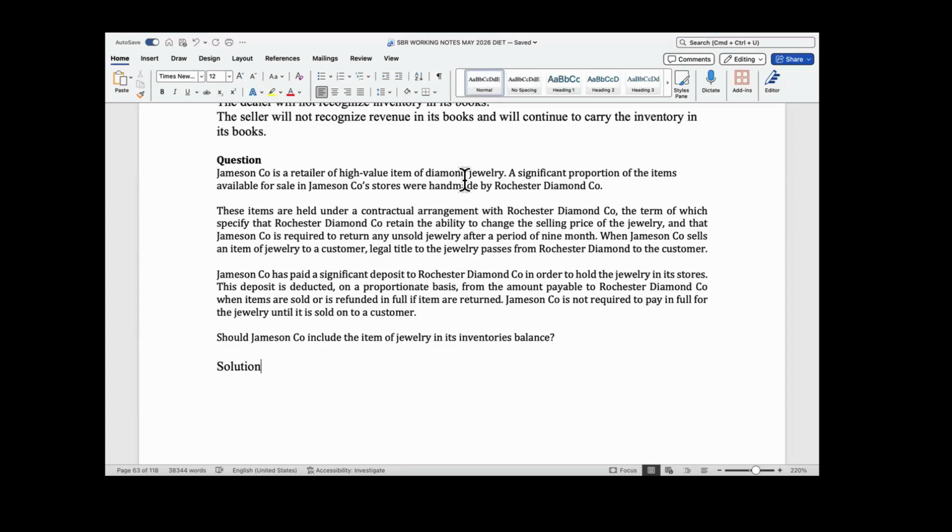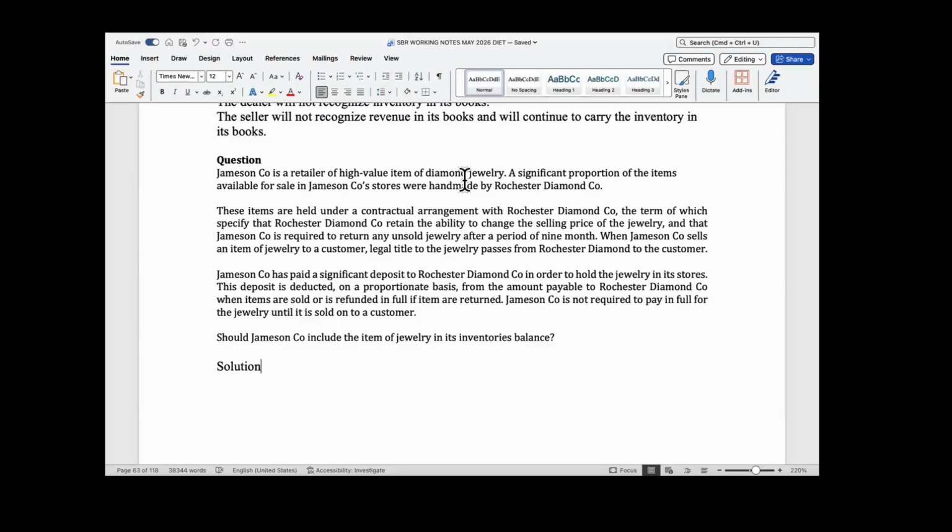What are the indicators that show it doesn't have control here? Because he's not the one that gives out the price. The price is from Rochester Diamond, so he doesn't have control over the price.